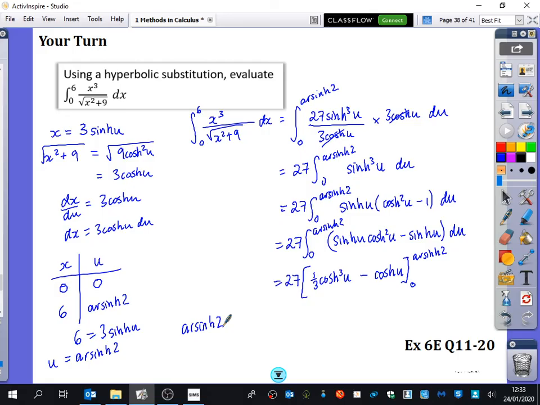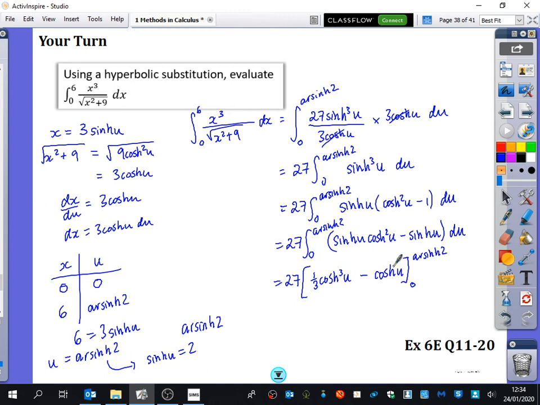There's a better way of doing this though. This is the crazy bit. Okay, I've got it. We know that sinh u is 2, but we can't find out what sinh u is by putting it in here.